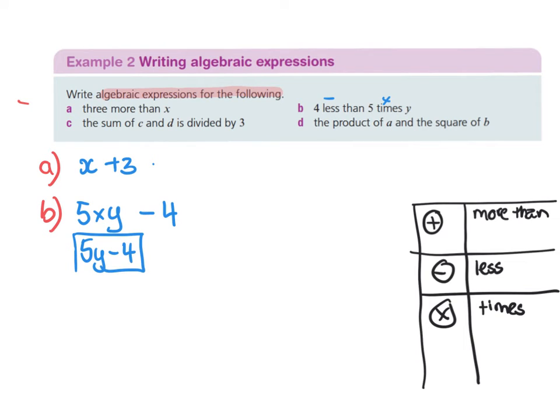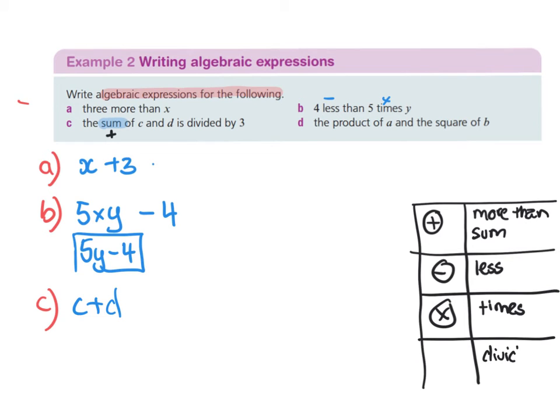Okay, let's do C. So here we've got the word the sum. Does anyone know, I think I told someone yesterday, what does sum mean? Good. So we might put that over here in our little table to help us. So the sum of C and D, so C plus D is divided by 3.